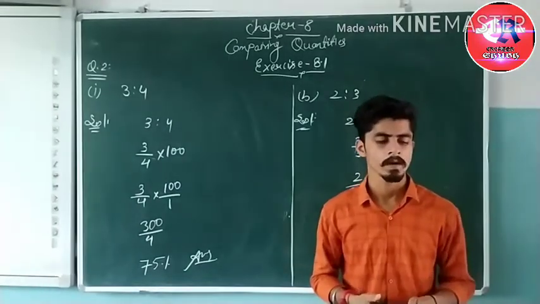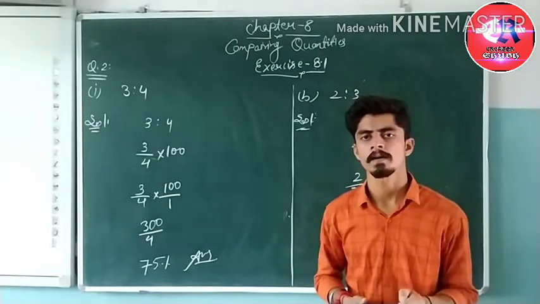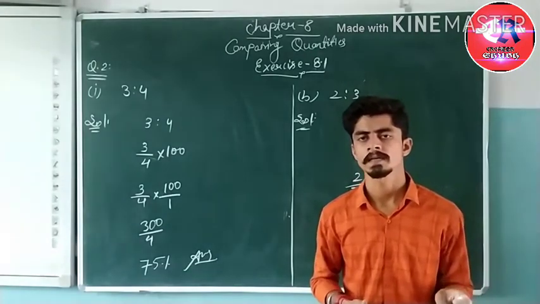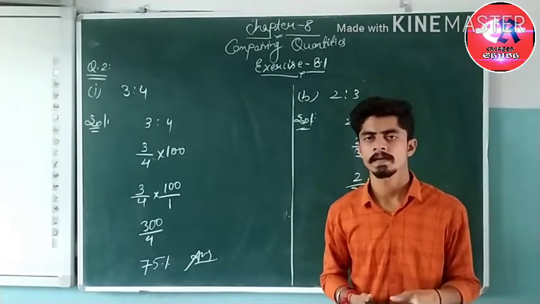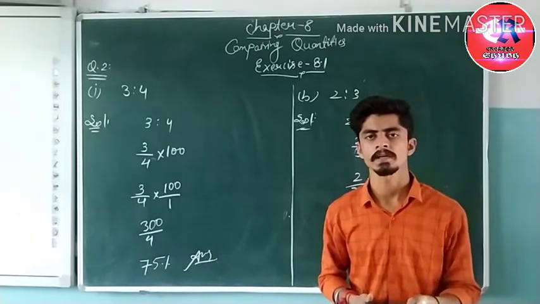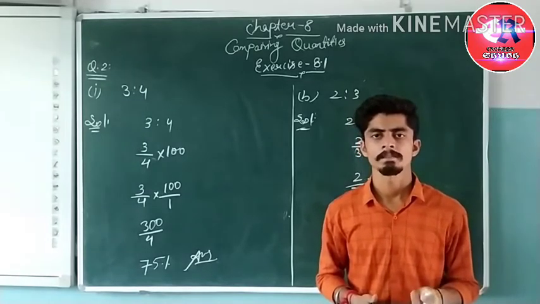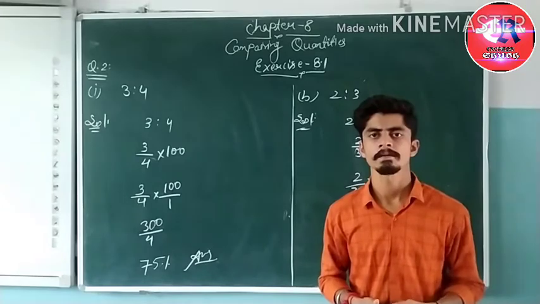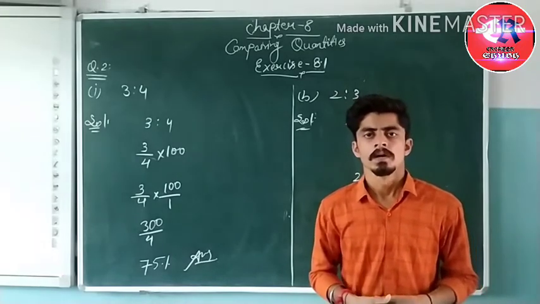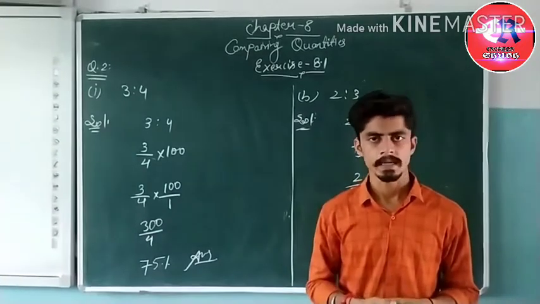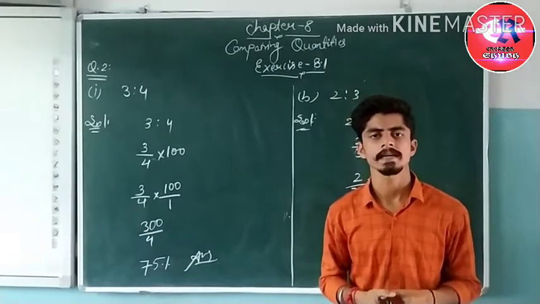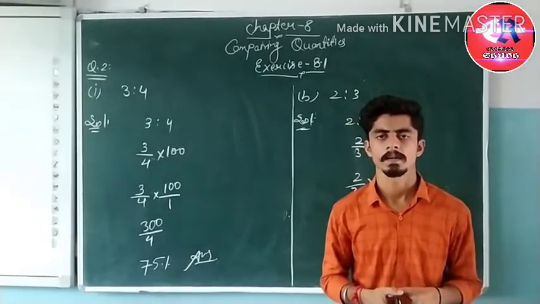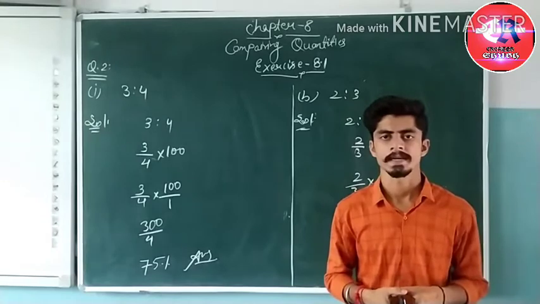And one more thing, whatever syllabus we have covered from chapters 1, 2, 3, then 6, 7, you have to write in your notebook when you complete, or a fixed time will be given to you. So you have to complete your notebook as soon as possible and send it on my WhatsApp number for checking.